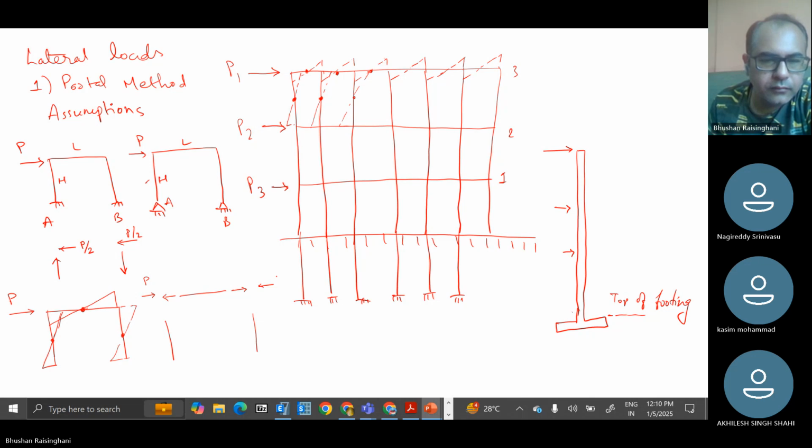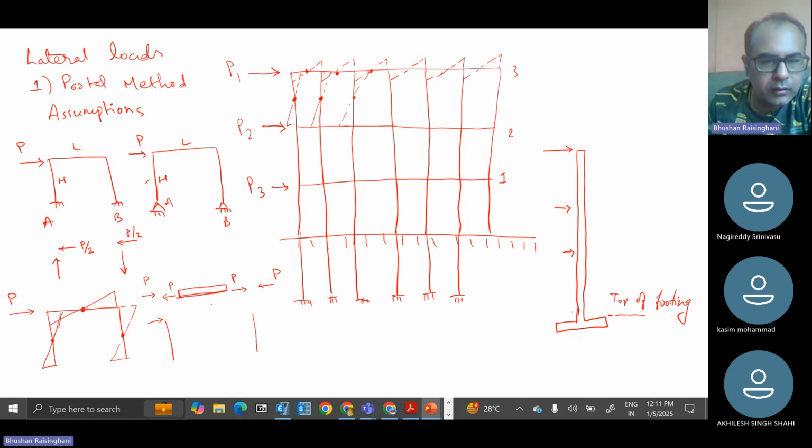So this P load, whole P load will be applied in the beam or not? So axial force will be P or will be something else? How much will be the axial load? P only, right? So this will also be P, this will also be P. So one is the axial force diagram in the beam that it is P.